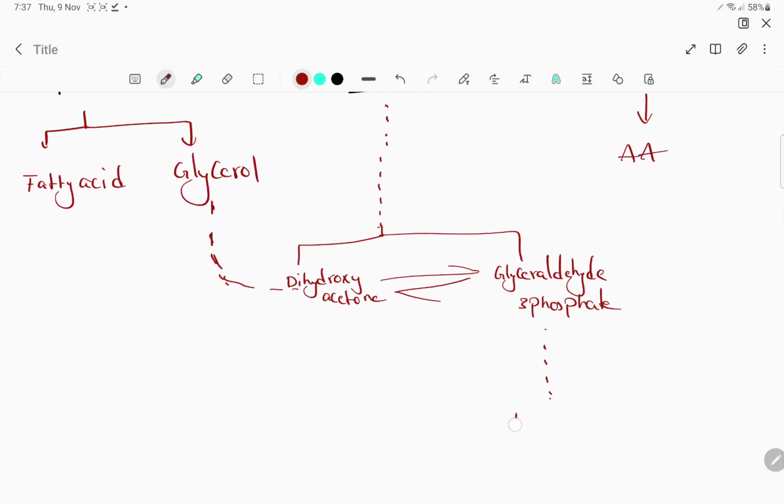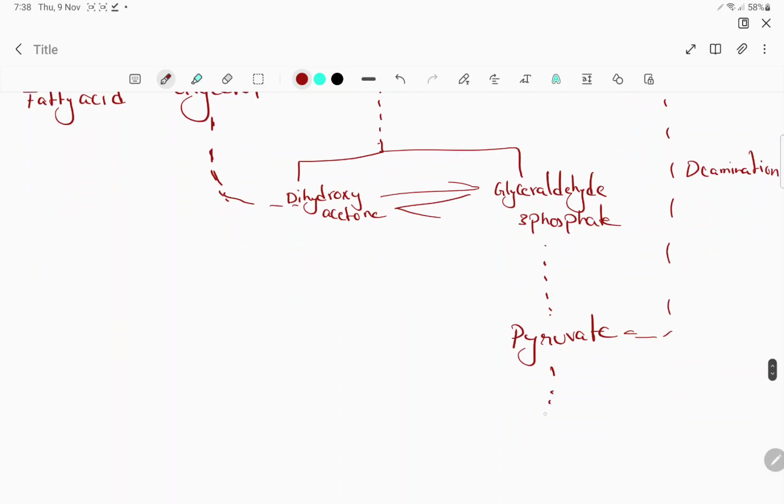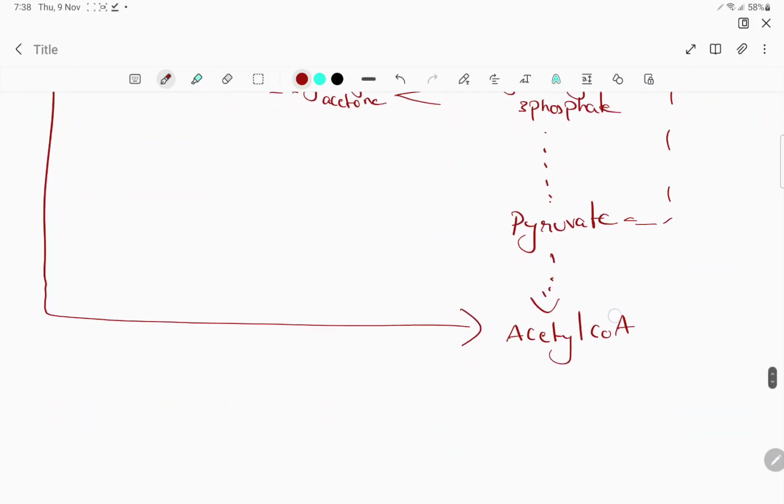Glyceraldehyde is converted to pyruvate, and amino acids will form pyruvate by the process of deamination, and pyruvate is converted to acetyl CoA. Fatty acid is also converted to acetyl CoA.